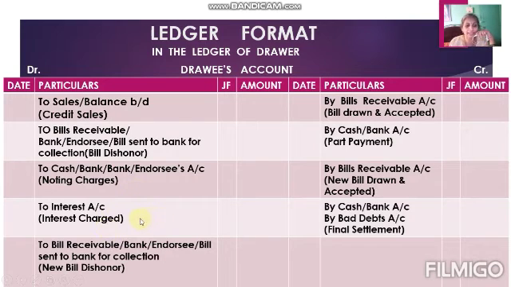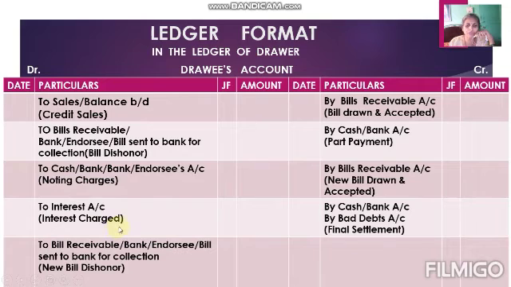After that, the next entry is for part payment, that is, renewal. Part cancellation of the bill: cancellation means nothing but dishonor only, so it is the same. Then after that, part payment or interest charged is there. For interest charged, drawee's account debit to interest account, so again on the debit side we write 'To interest account'.